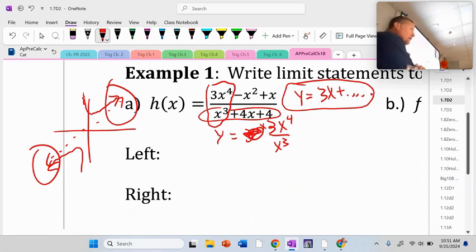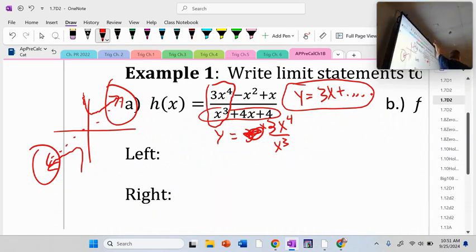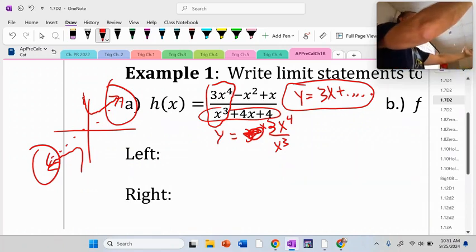Got it? The reason I need to know this is, as I plug in big numbers for x, where does y go? Up to what? What number? Infinity. All right, and then as I plug in big negatives, where does y go? Negative infinity.